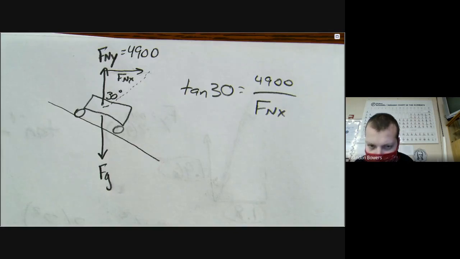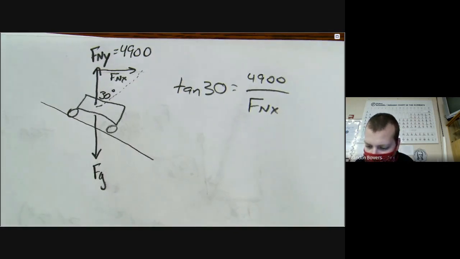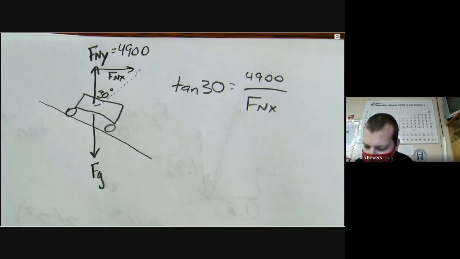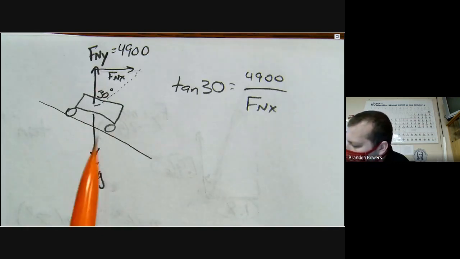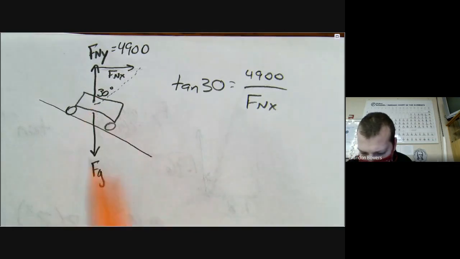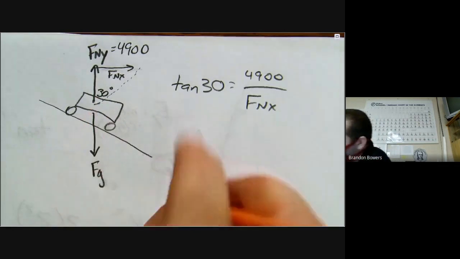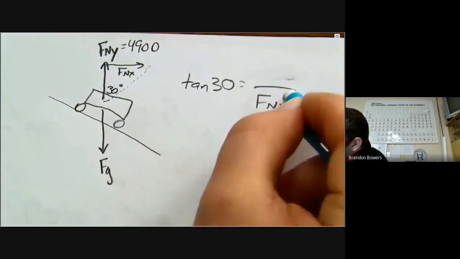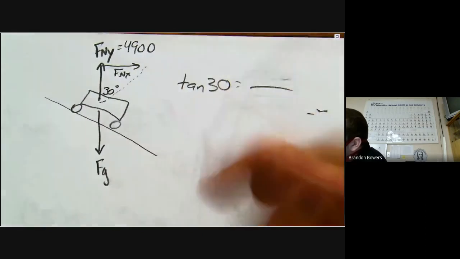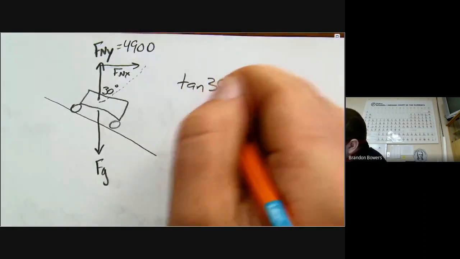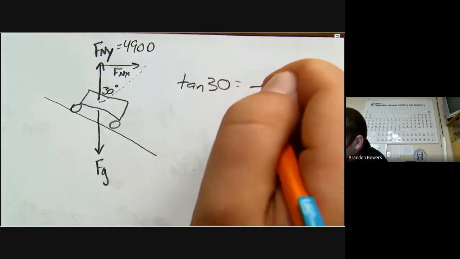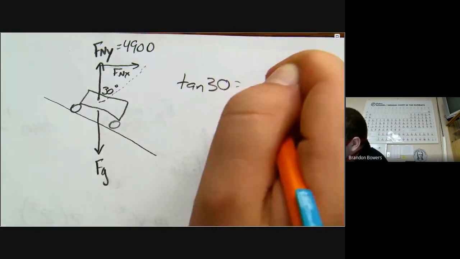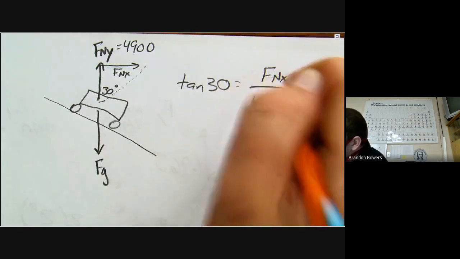Wait, wouldn't it be adjacent over...? If that's 30 degrees right there, the adjacent would be the y, 4,900 at the bottom. Did I mix that up? Yep, I did flip that. My bad. Because you wrote the force normal with the y at the top, so it's probably your left. SOH CAH TOA. Oh, I got you. 4,900. That's my bad. It's Friday.